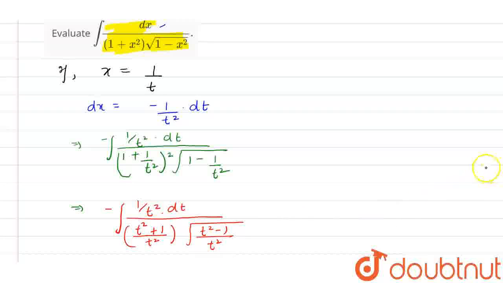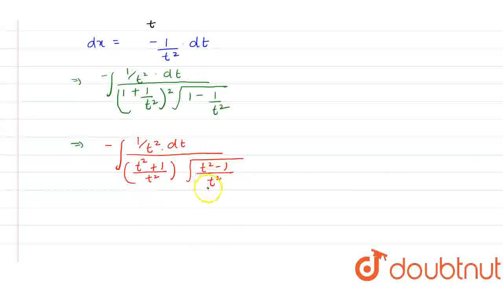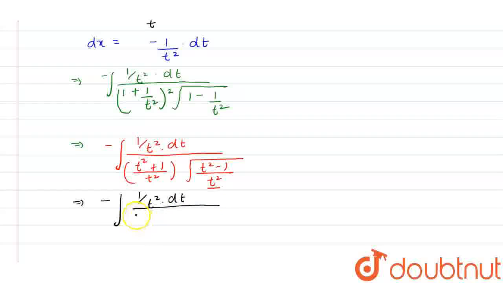Now by taking this t square outside, it becomes integration of 1 upon t square dt upon 1 upon t square into (t square plus 1) root of (t square minus 1).